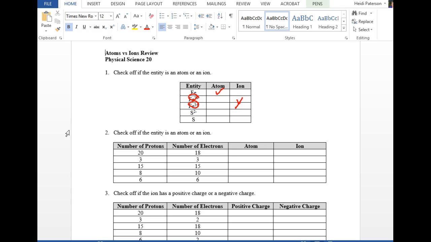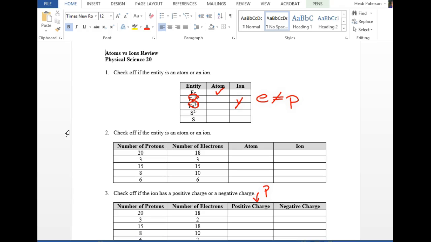So, an ion does not have the same number of electrons and protons. If it is a positive charge, do we have more or less electrons than protons if it has a positive charge?